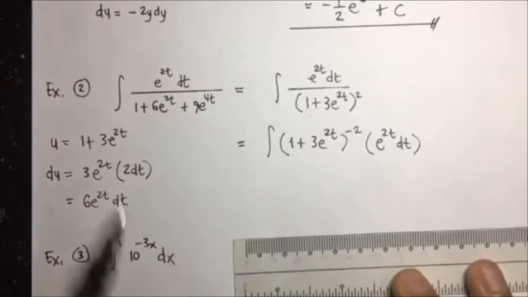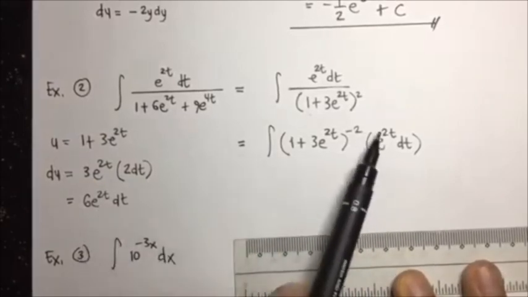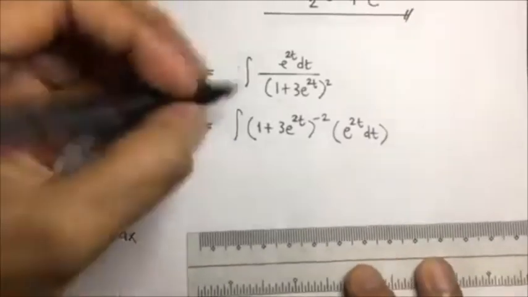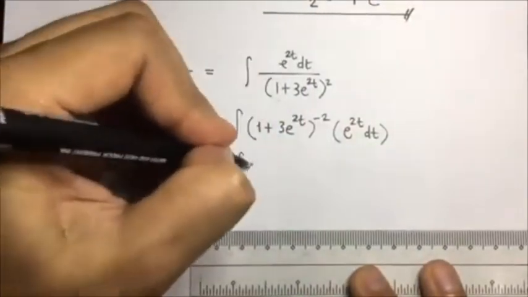In this case, as we can see, our differential part lacks a coefficient of 6, so we must multiply that by 6.